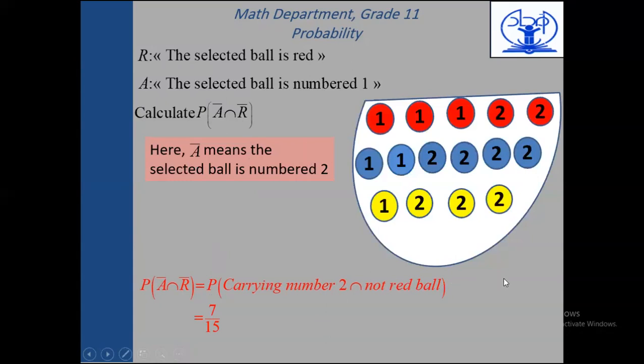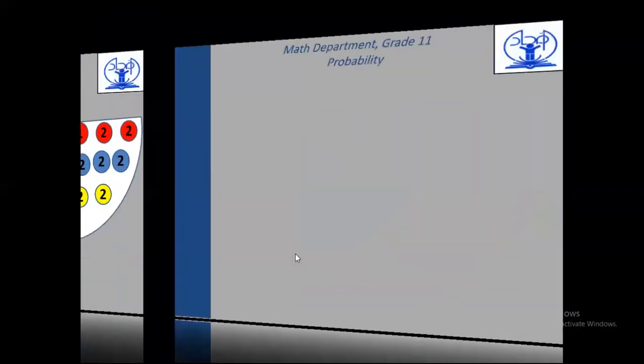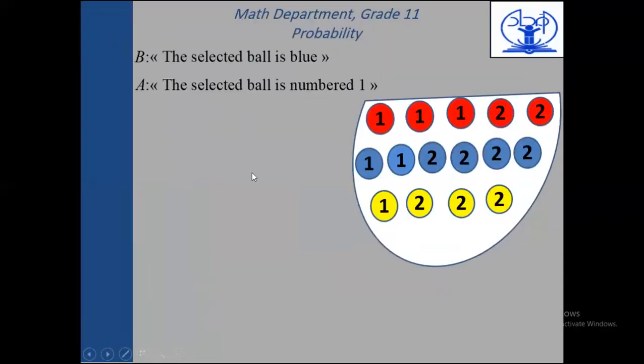I advise whenever you have a probability situation, you try to interpret the meaning of the event. If you think that interpreting the meaning of the event is confusing, shift to formulas. For example, in this part, calculate the probability of B bar union A. Let me try to interpret the meaning of this. This means that the ball is not blue or carrying the number 1.